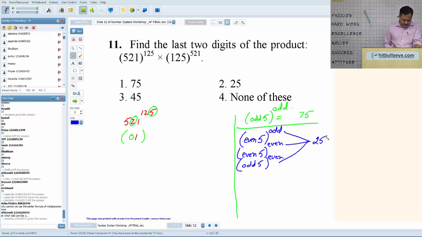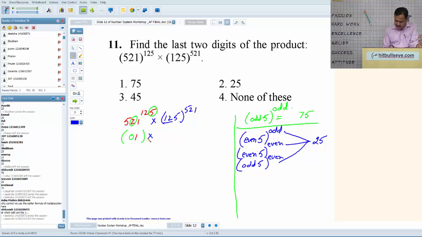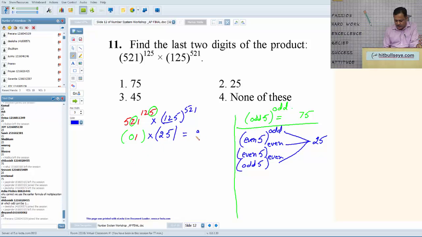Now in this question, the second part is 125 raised to power 521. As we know that there is 12 before 5, which is an even number, and the power is odd. So in this case the last 2 digits would be 25, and 25 into 0 1, the last 2 digits would be 25 only. So the answer is 25 in this question.